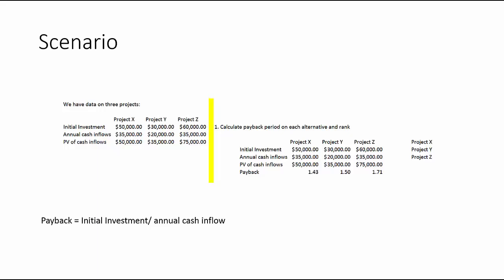You do the same calculation with Project Y and Project Z, and based on these, we would go with Project X. We would rank it first because it would take a smaller payback period. So they're ranked in order from smallest to largest when you're looking at payback period.